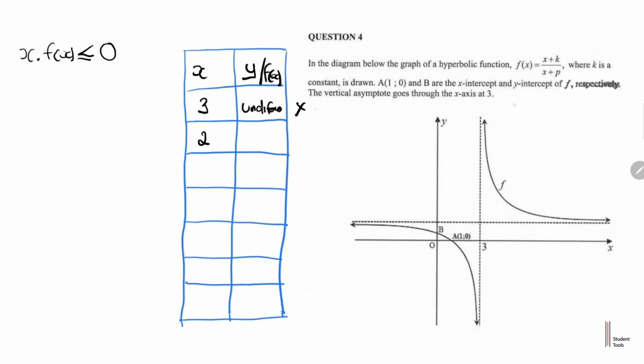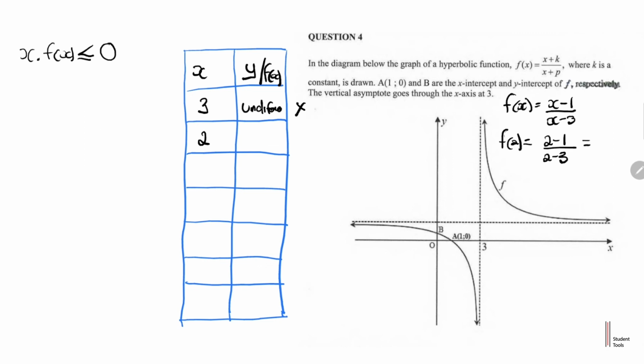All right, let us write our function first. We have f of x equal to x minus 1 over x minus 3, and we want f of 2. So f of 2 is equal to 2 minus 1 over 2 minus 3.